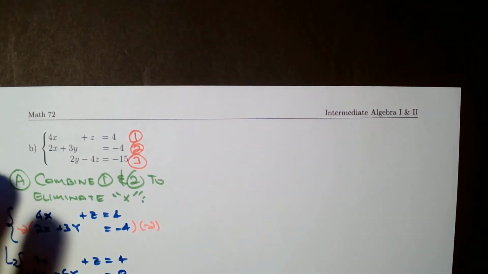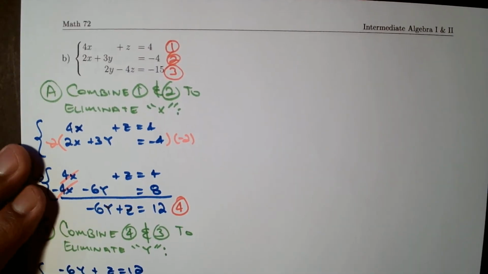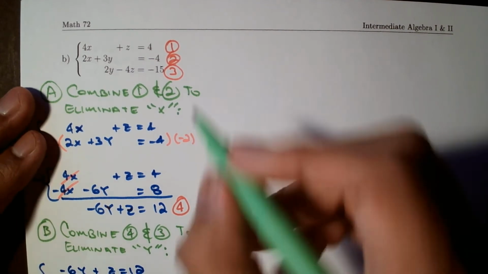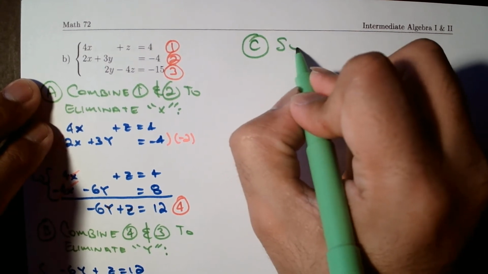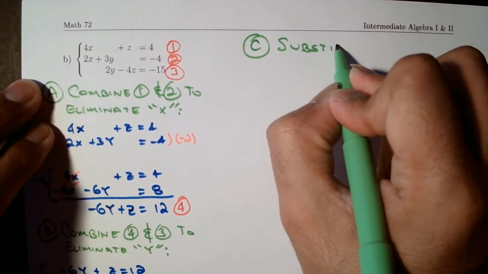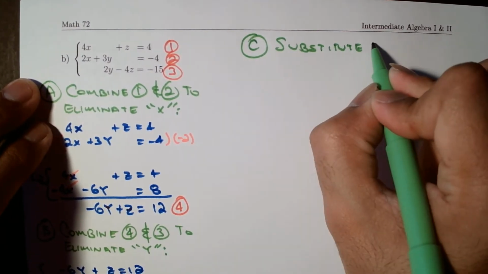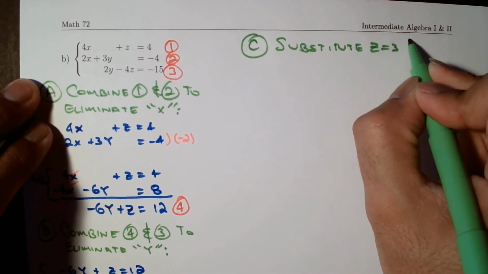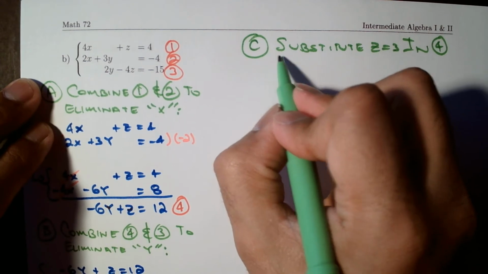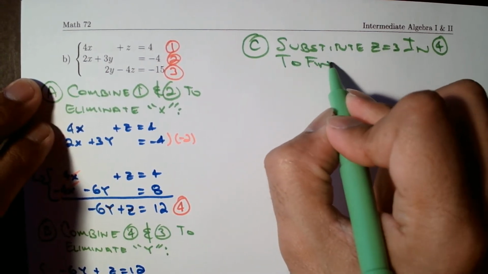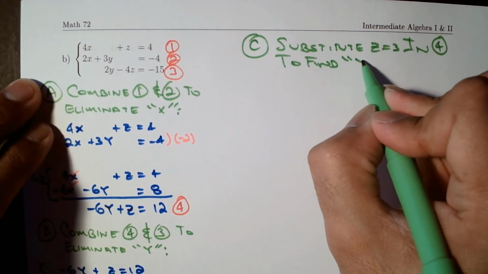All right, so that's what I'm going to do next. I'm going to call this part C. So part C, substitute z equals 3 in equation 4 to find y.